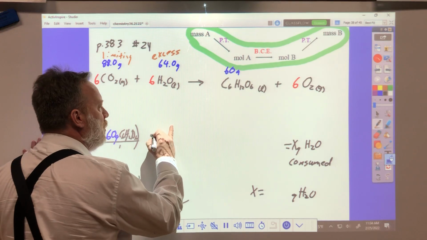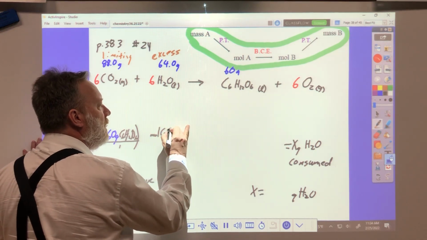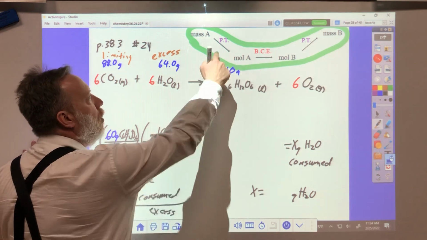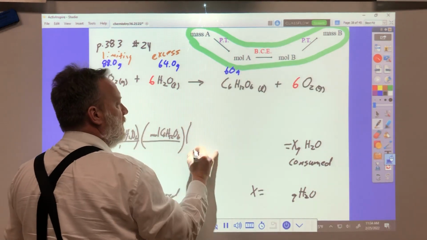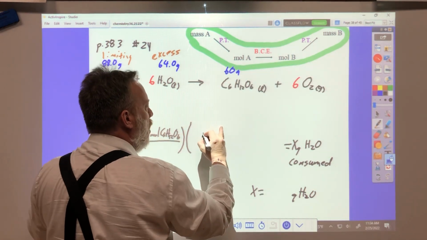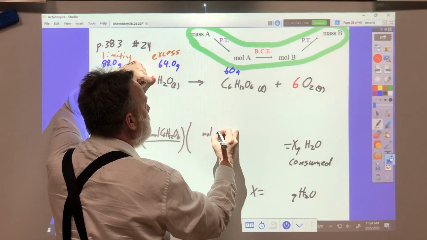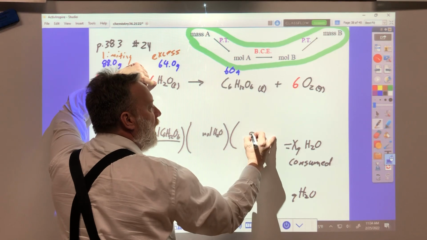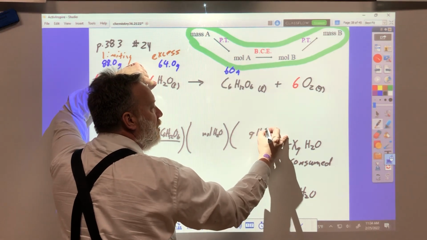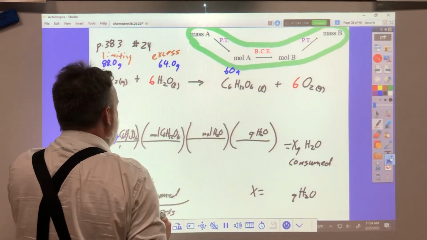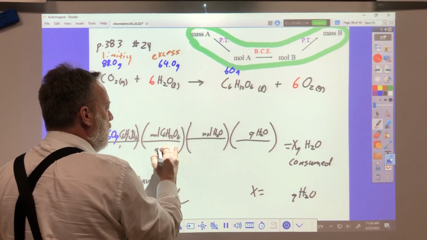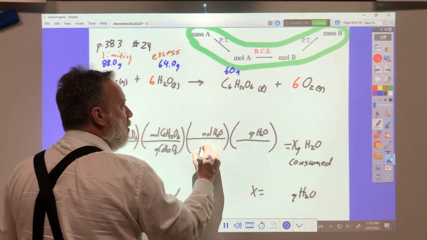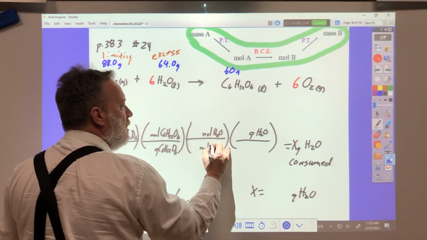So grams to moles, C6H12O6. One arrow, one arrow, one arrow, 3 sets of parentheses. To moles, B, H2O, to grams, B, H2O. Okay, this goes here. Grams C6H12O6. Moles, this goes here.